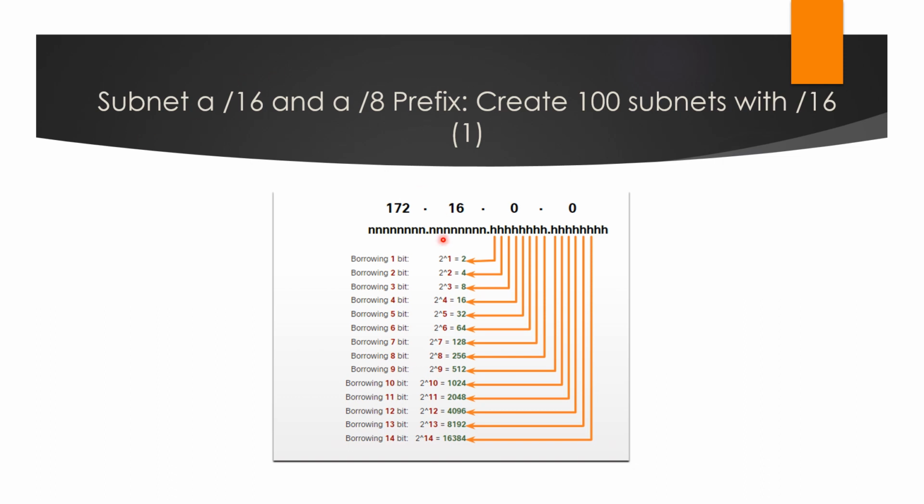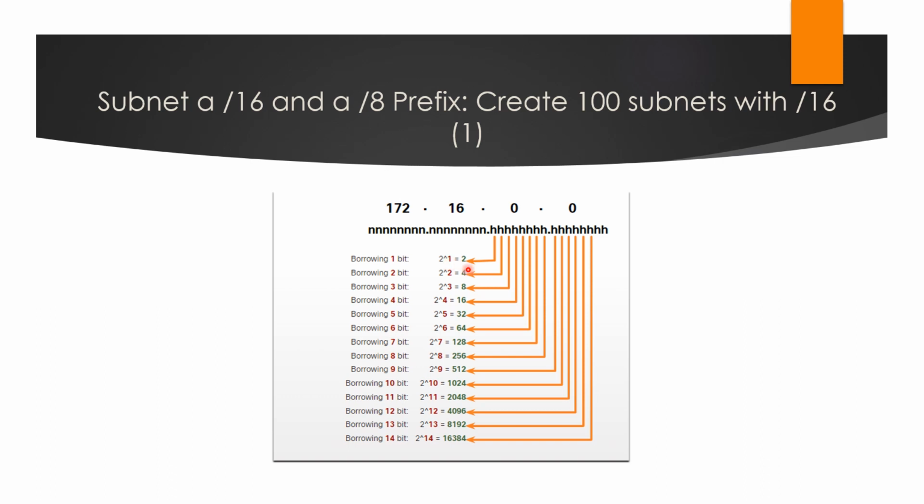So, as said, start borrowing from the third octet from left to right, and for every bit that you are borrowing, calculate the number of subnets that you can create.